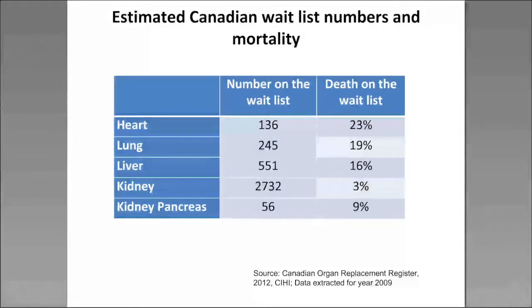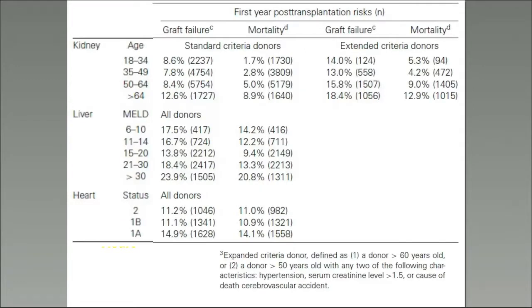Now, if you compare that to a crude waiting list mortality, and this is just data from CHI, this was also in that paper, you can see that the waiting list mortality, even for kidney, is at least tenfold higher than the risk of transmission. This is data published by Rich Freeman, and it looked at what we quote as first-year post-transplant risk.